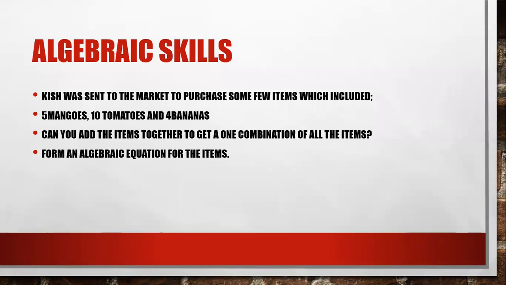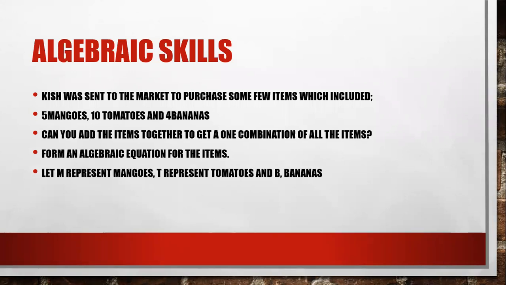So we are going to form an algebraic expression for these items. And when you're forming these algebraic expressions, you need to tell us what the specific letters represent. For example, you may choose the first letters of the items you've been given. Like I did, I let M represent mangoes, let T represent tomatoes, and let B represent bananas.